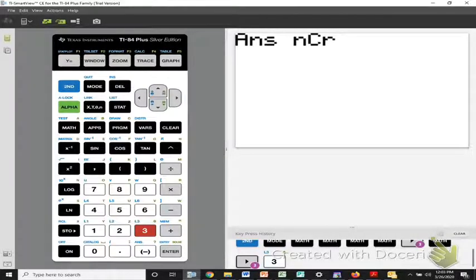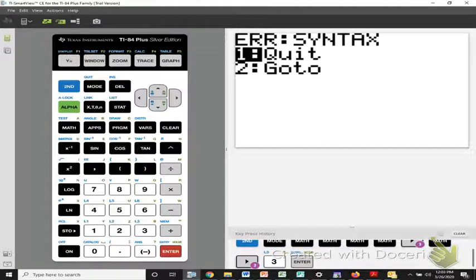If you press the number 3, you're going to get nCr. Now, here's the way you have to do this. If you hit enter here, it's going to give you a syntax error, of course, because we didn't put any numbers in. So here's the process of doing this.